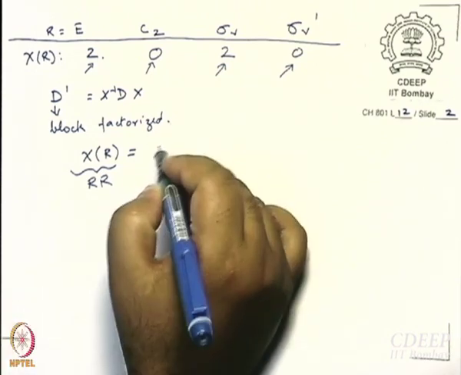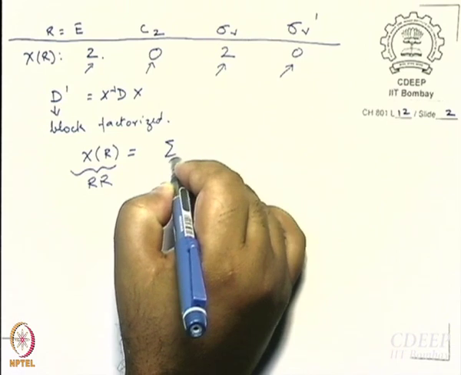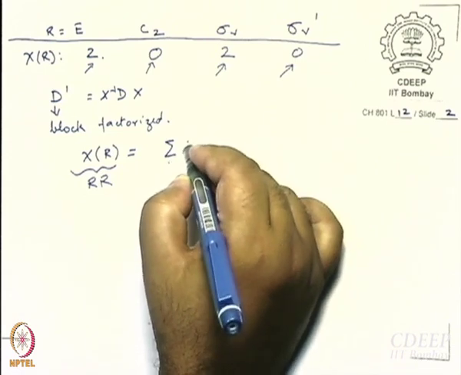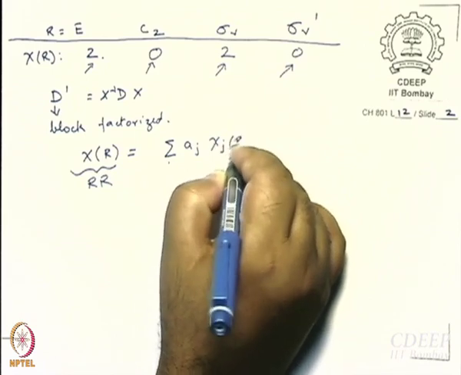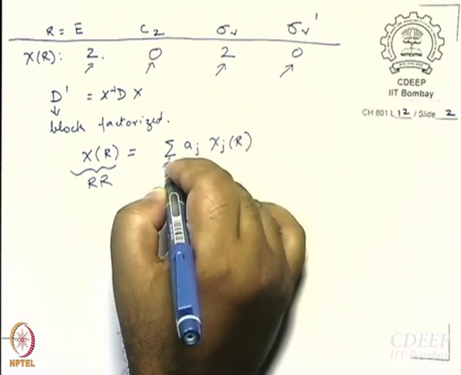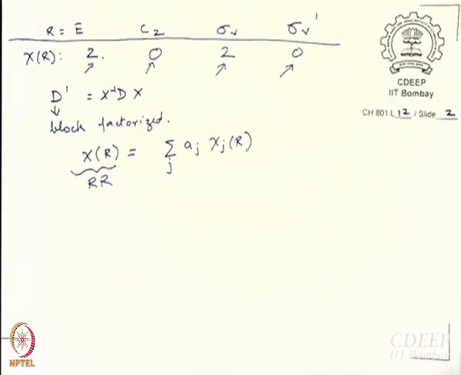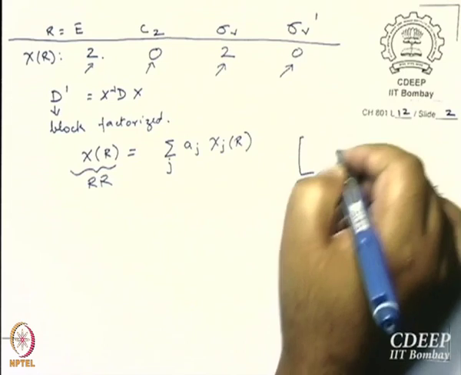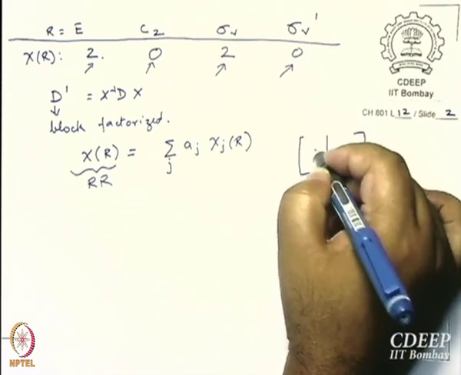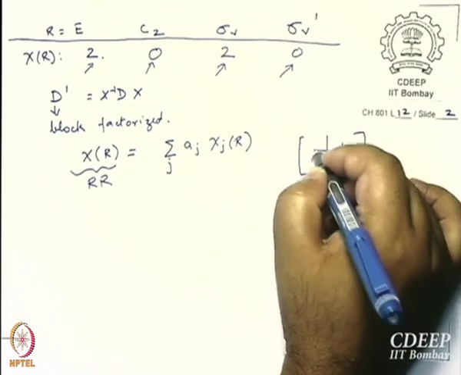Will you allow me to write that chi of R is equal to the sum over j of A_j chi_j of R? A is the coefficient, the question is what is j? J is the number of blocks. Let us say this is a block diagonalized matrix.